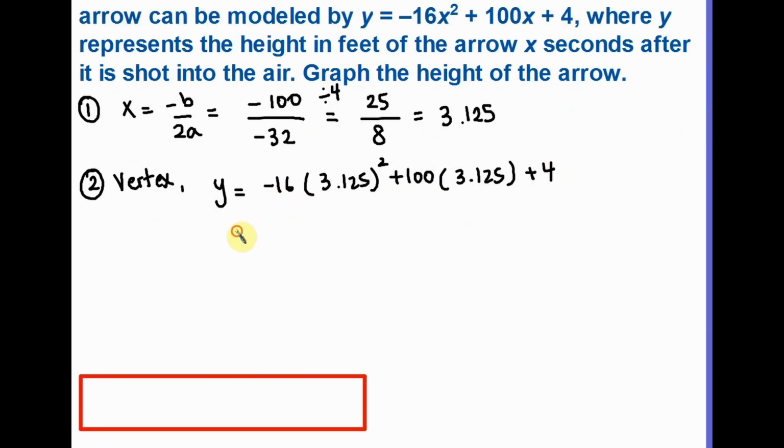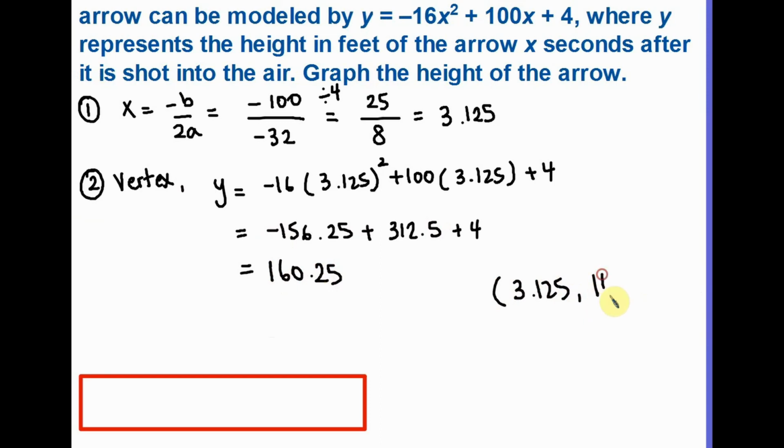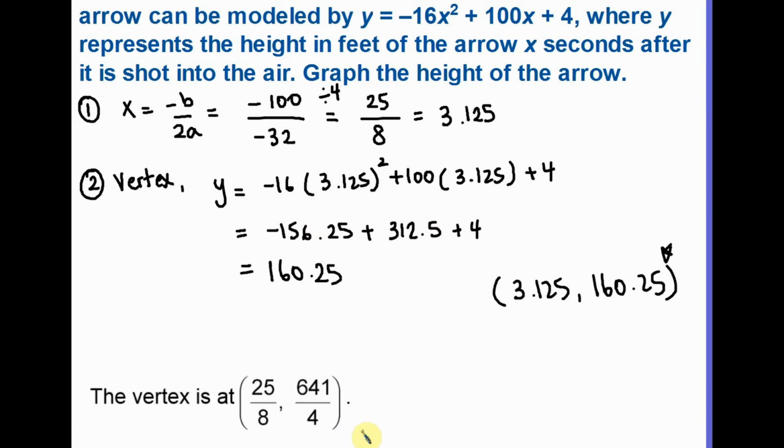Using a calculator to make my life a little bit easier, 3.125 squared times -16 is equal to -156.25, plus, when you multiply 100 with 3.125, moving 2 decimals to the right, I will get 312.5, plus 4. Continuing to use a calculator, this is equal to 160.25, which means your vertex will be 3.125, 160.25. If you're using a fraction, that should also be equal to 25 over 8, 641 over 4.